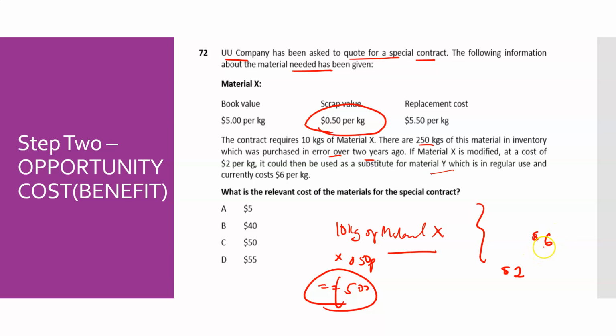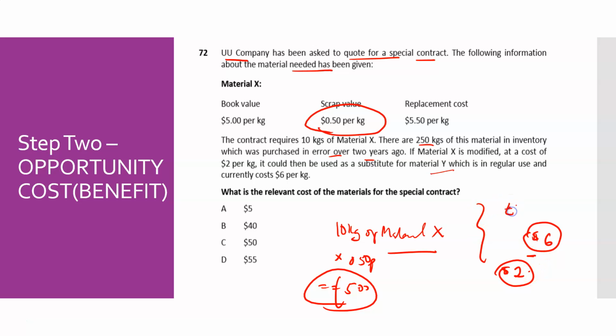So in effect, what could happen is that I could just use this material X, and therefore instead of spending £6, I'm saving 6 minus 2.